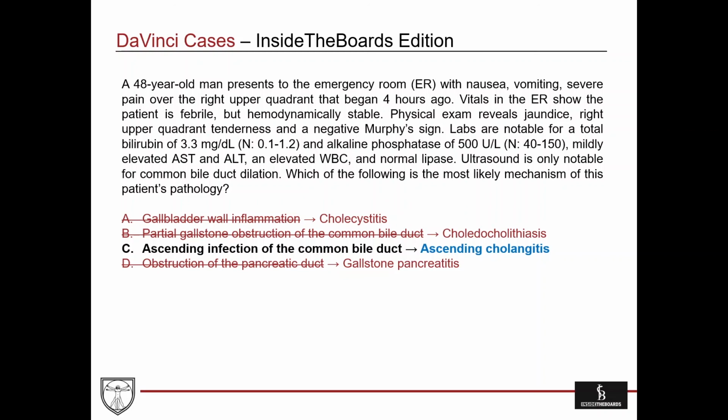The association you need to remember is that it happens with ulcerative colitis. And if you have primary sclerosing cholangitis, your risk of gallbladder cancer and cholangiocarcinoma is increased. That's pretty much the extent of my knowledge on this entity for your boards purposes.